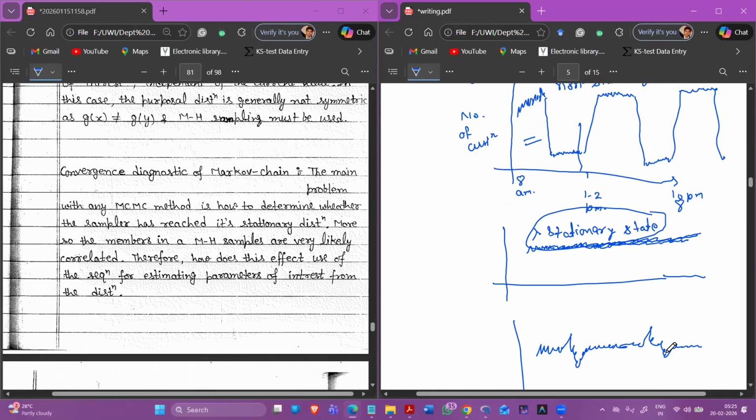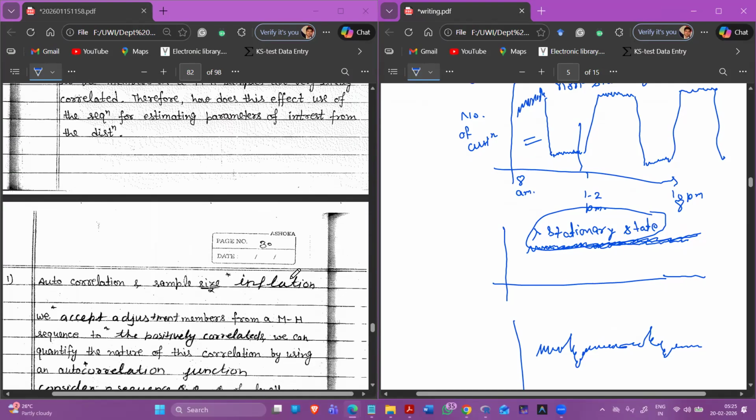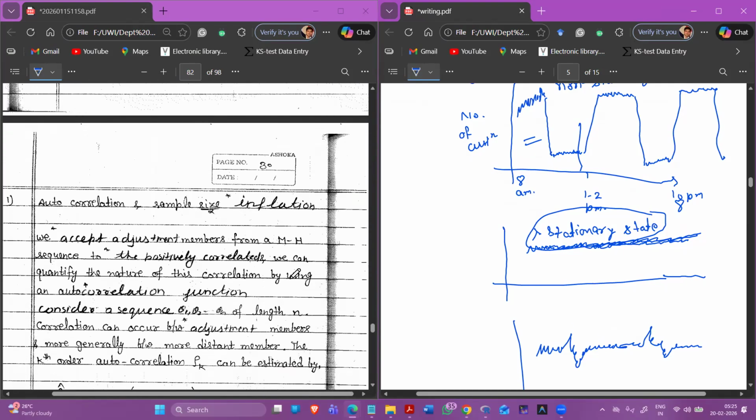Somehow it looks stationary, but whether it has properly reached the stationary state, we cannot say from the graphical representation. So for that, we use some tests.